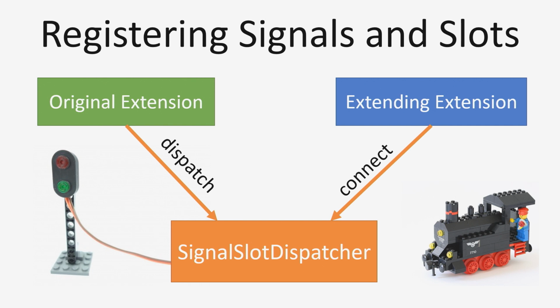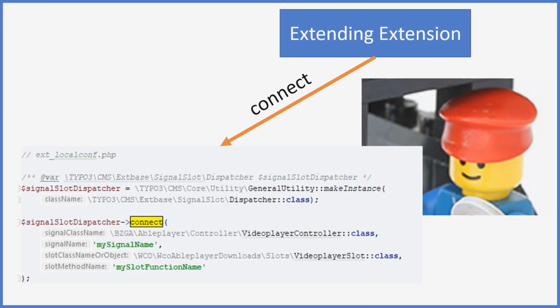So the signal slot dispatcher is a class in the TYPO3 core, and the dispatching will take place in the original extension. First, I have to connect my slot to the signal slot dispatcher.